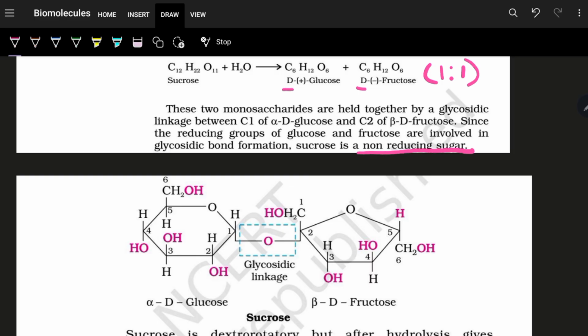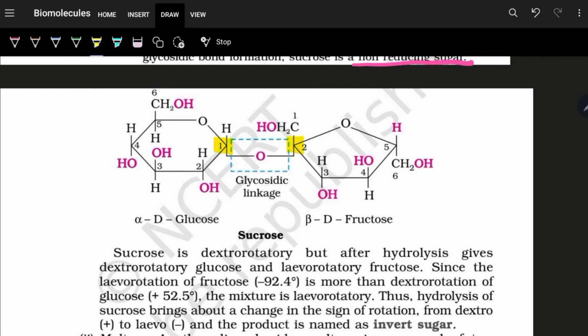We know the anomeric carbon of glucose is C1 and the anomeric carbon of fructose is C2. So in the structure of sucrose, we can see that the anomeric carbon of glucose and the anomeric carbon of fructose are chemically bonded as a glycosidic linkage by the elimination of H2O.